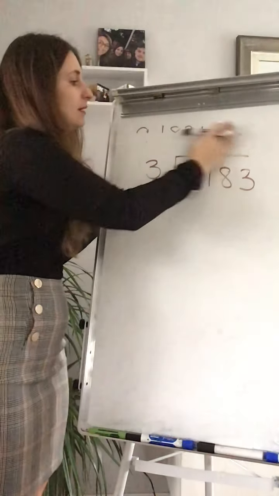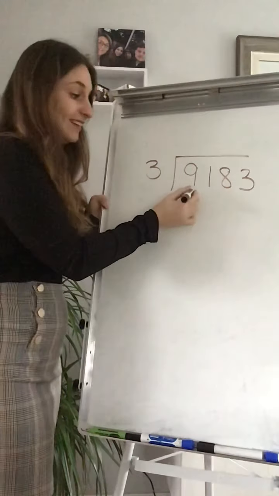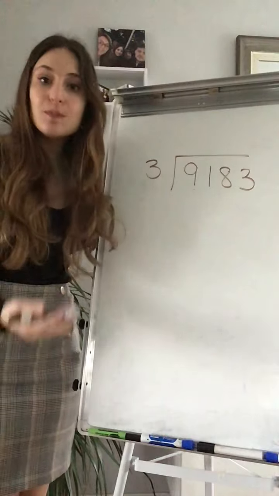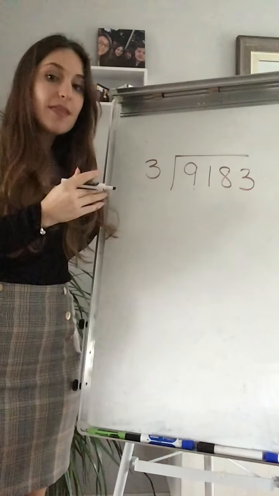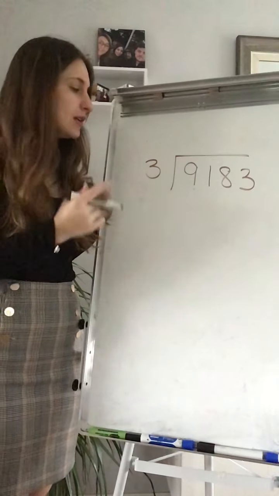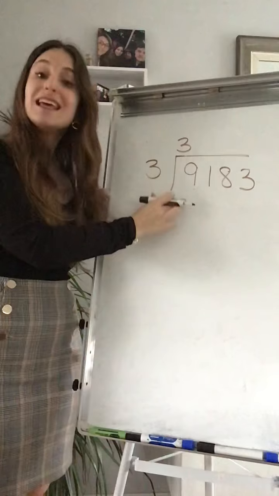Okay? So I know that 9 is on my 3 timetable, which is great because it's a multiple, so it's going to go straight there and I don't need to carry any tens. So let's do it. 3 times 3 is 9.